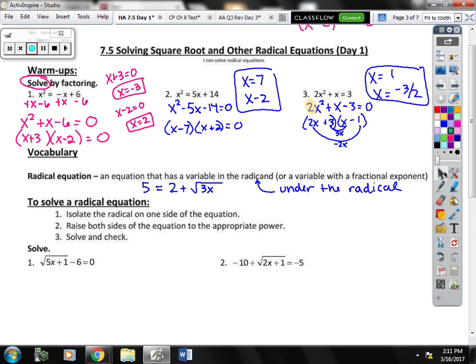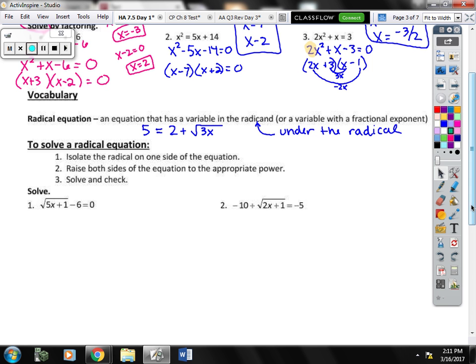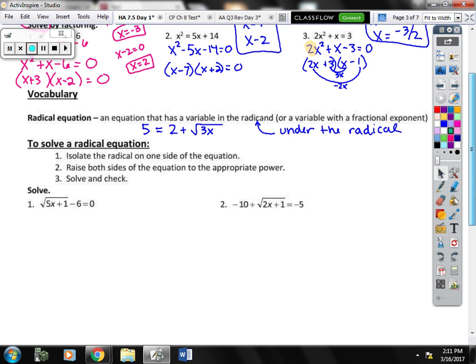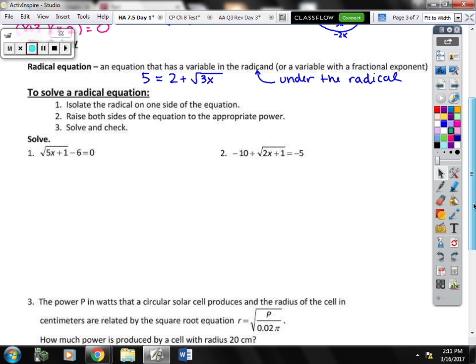So I have some steps typed out to solve these, but you are basically using inverse operations for the most part. So step 1 is going to be to isolate the radical on one side of the equation. So we want to get the radical by itself. I use inverse operations to do this by adding 6 to both sides.